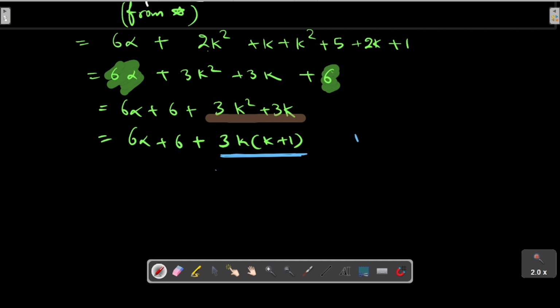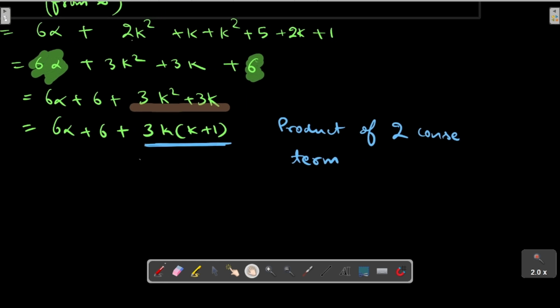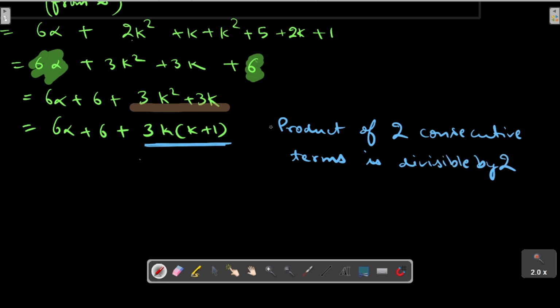Okay, so we know the product of two consecutive terms is divisible by 2.